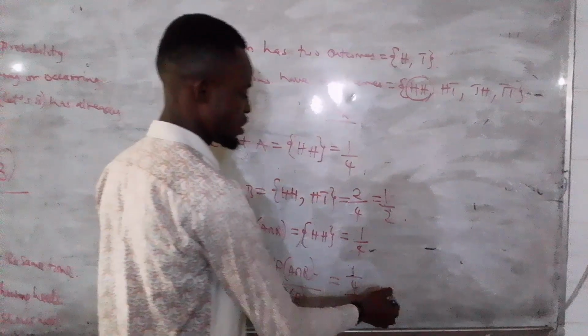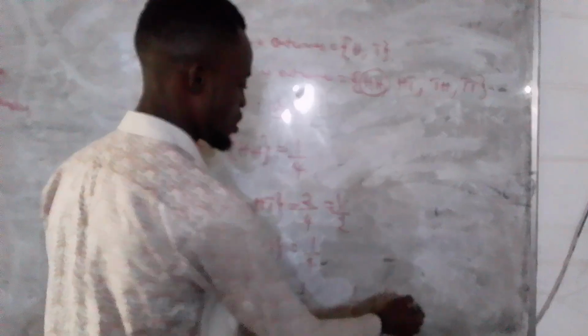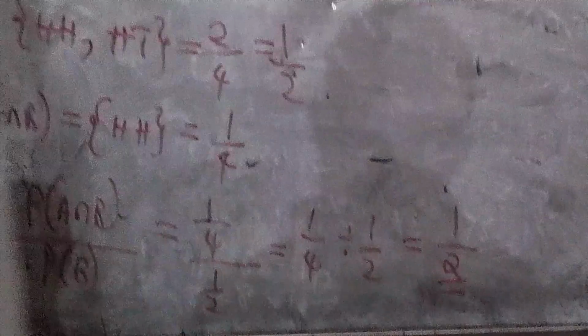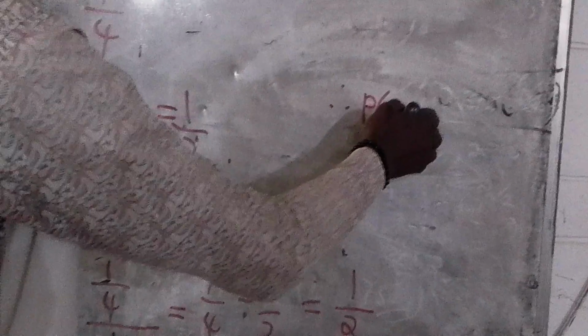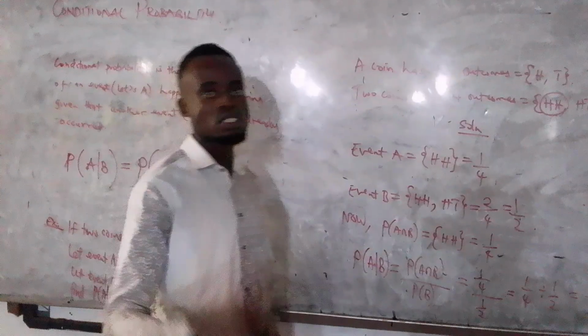So we have 1/4 divided by 1/2, which gives 1/2. Therefore, the probability of A occurring, given that B has already occurred, is equal to 1/2.